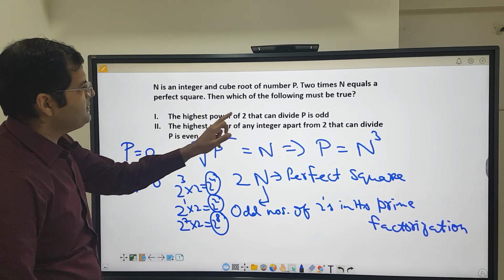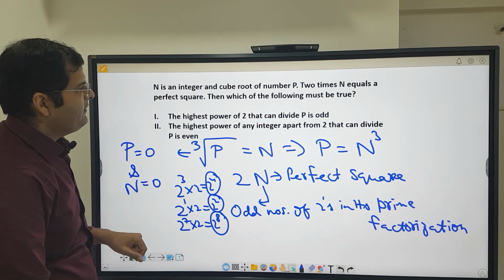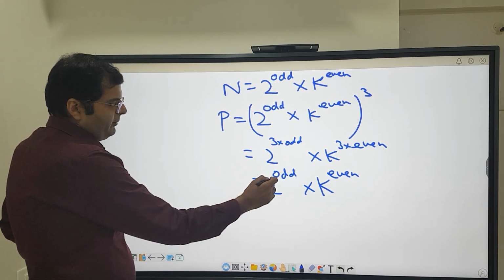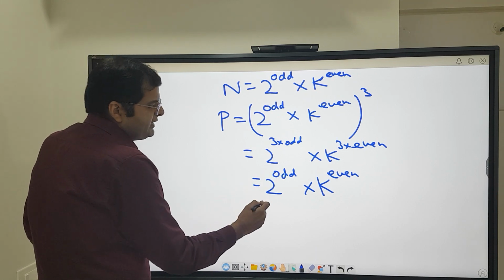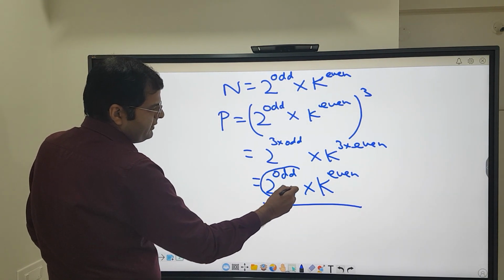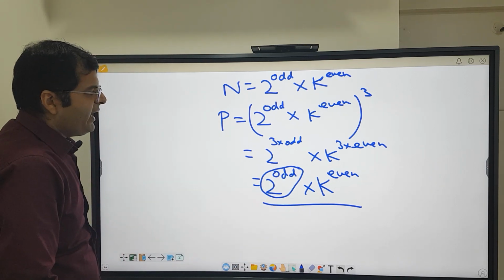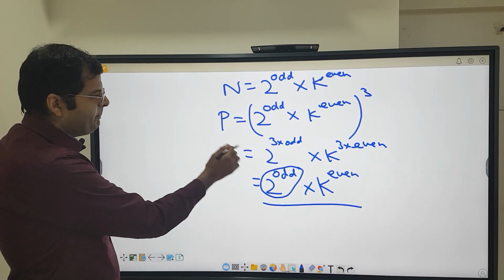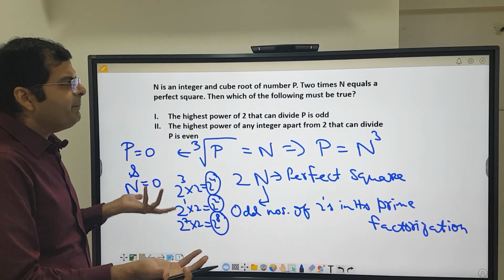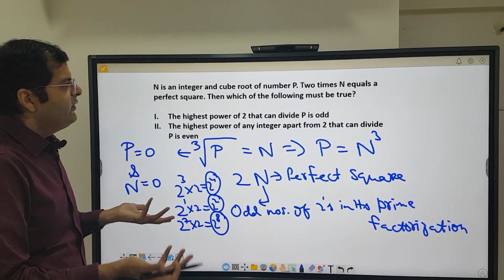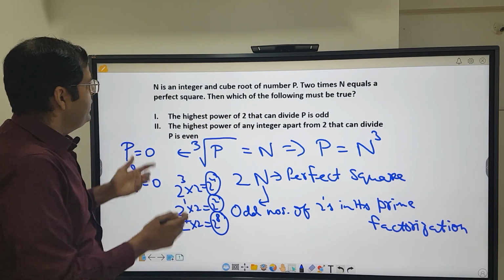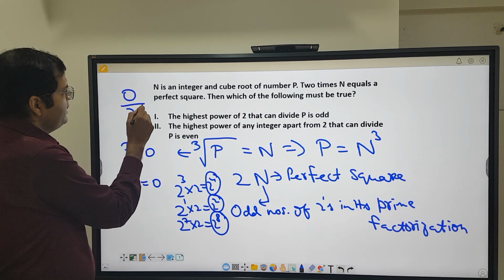Now it says the highest power of 2 that can divide p is odd. In this case, the highest power of 2 that can divide p is this 2 raised to power odd. So the highest power of 2 that can divide p will be odd from here. But when p is 0, any power of 2 can divide p. When you say the highest power that can divide, that means you get a remainder of 0. If I have 0 upon 2, the remainder is 0.